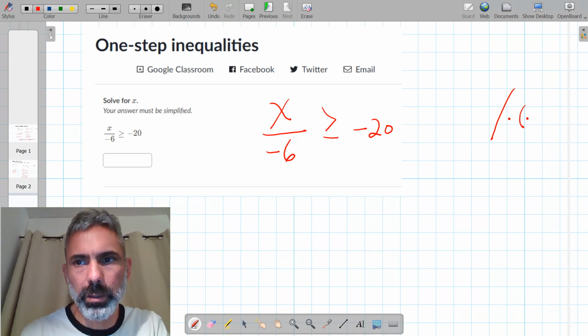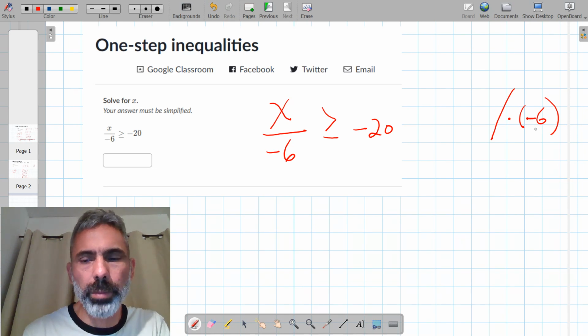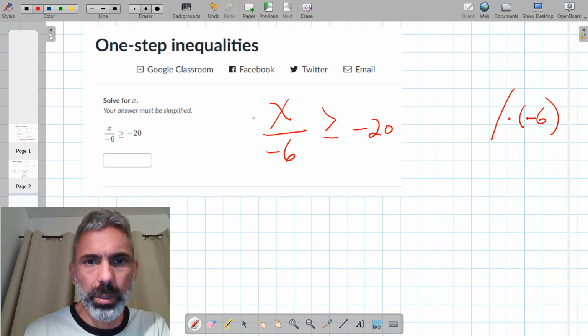Multiply by negative 6. And when we multiply by a negative number, the sign of the inequality flips, because we change the sign of the whole side of this inequality, because we multiply by a negative.